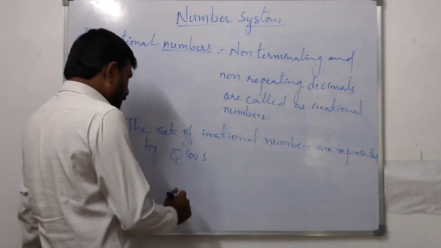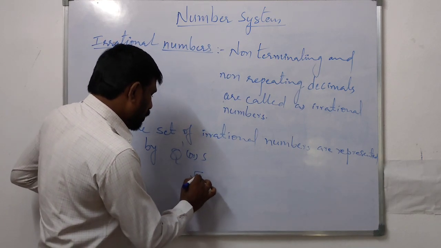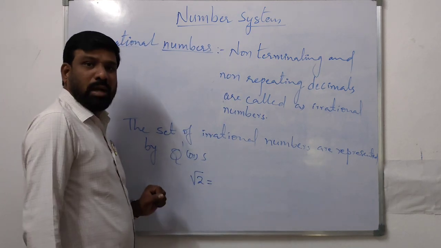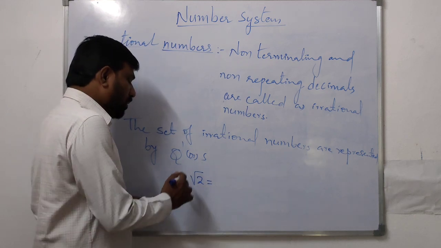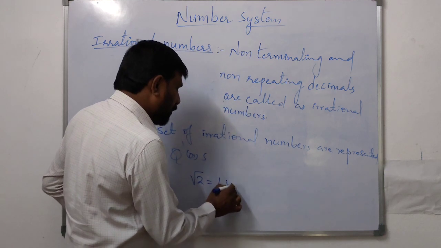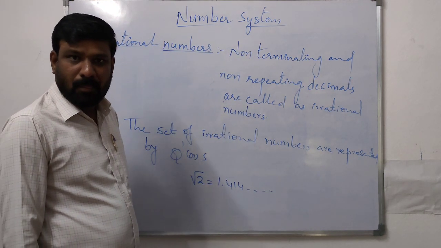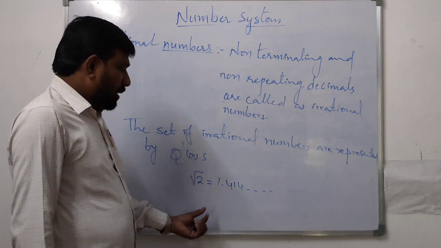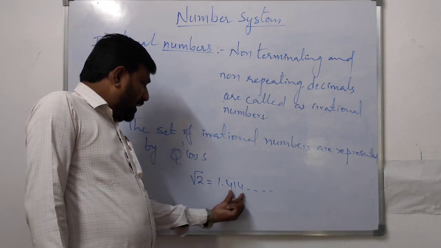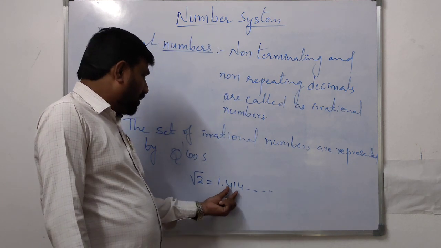Let us take an example here. Root 2 value I am taking. Root 2 value we don't know. If you do the division, you will get 1.414, and it's unending. So this decimal will not end at any point of time, and at the same time it does not repeat.